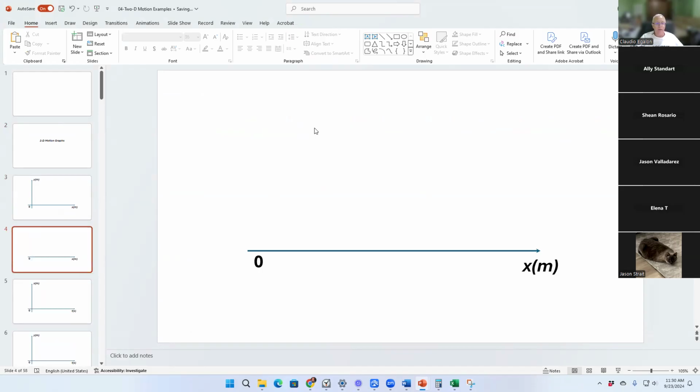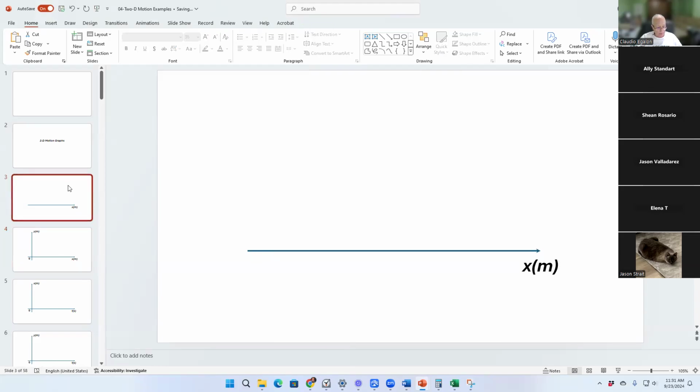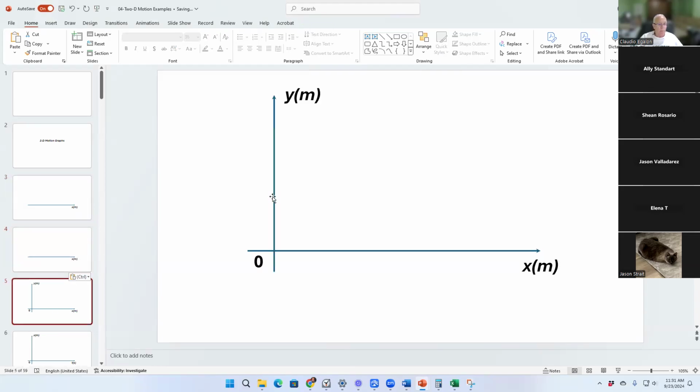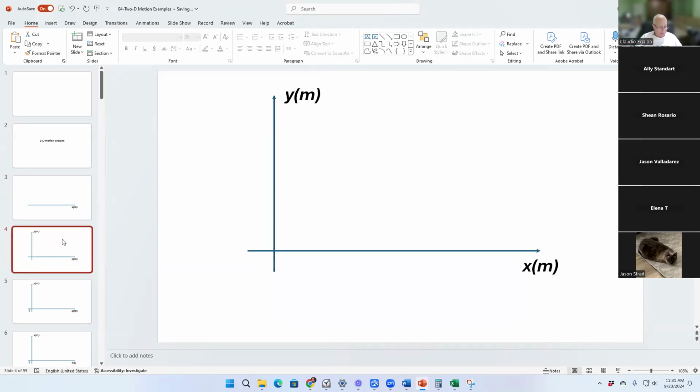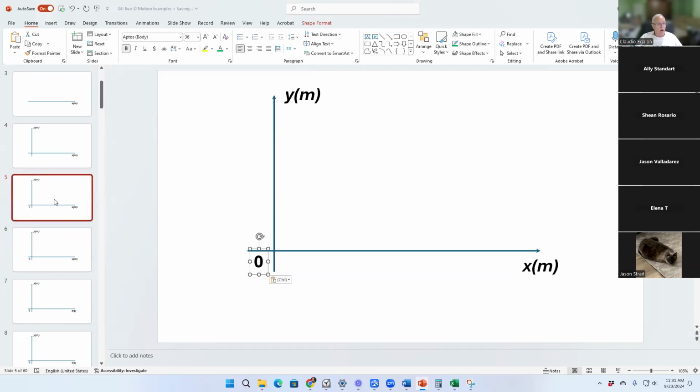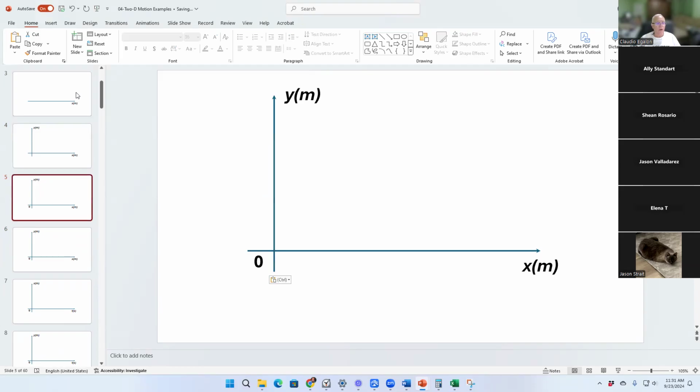Here you go, X axis. This one goes right in here, Y axis. Play the movie, right? I like to do that. After the X and Y axis, we can now place the origin right here. X axis, Y axis, origin.